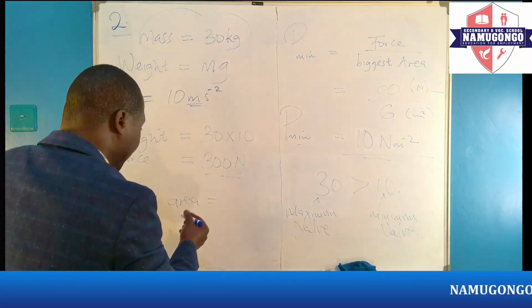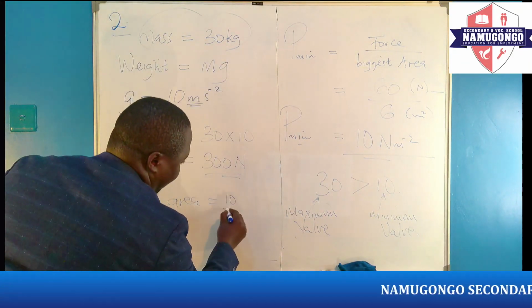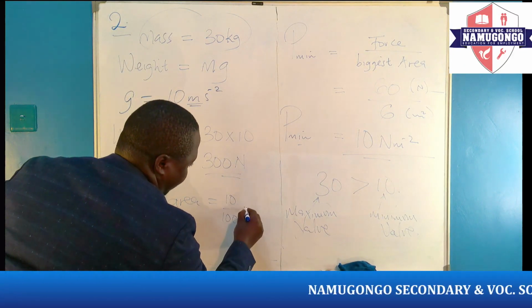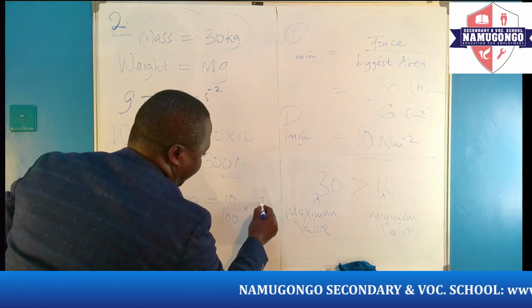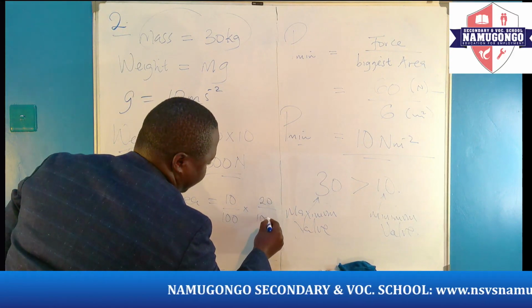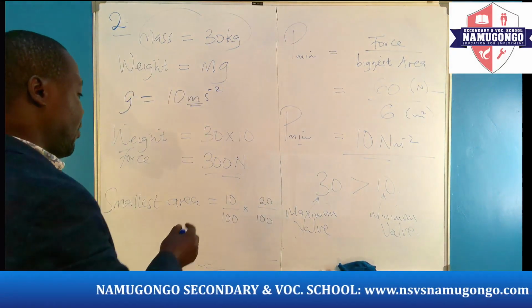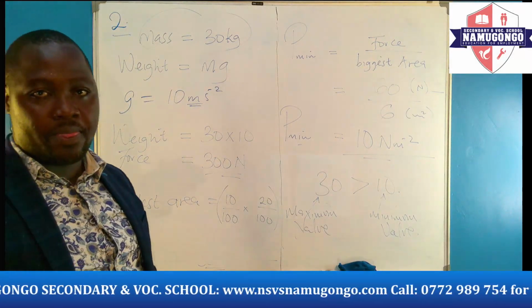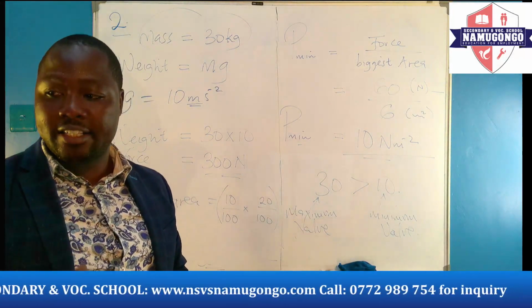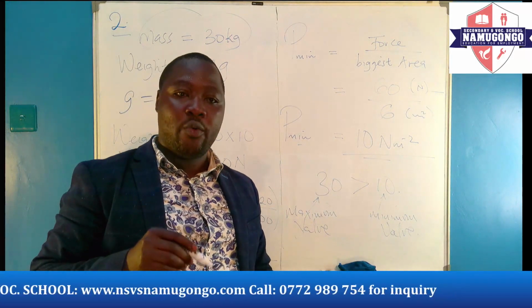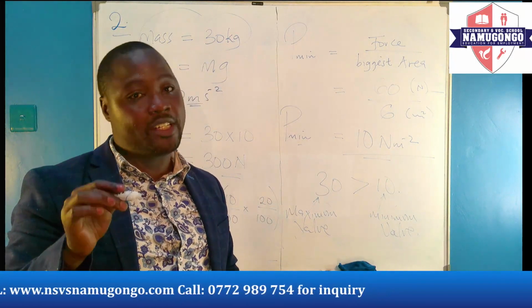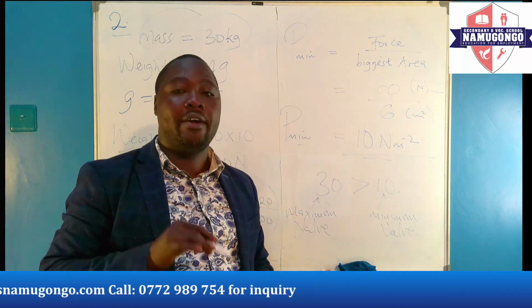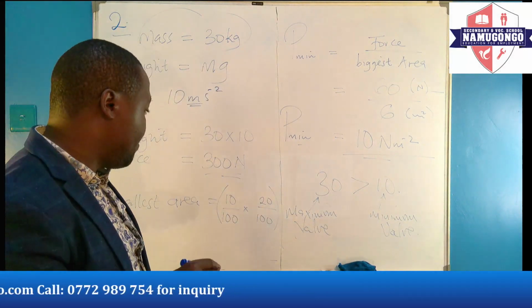So I'm going to take the smallest as 10, but I'll convert it to meters to SI unit, times 20, also converted to SI unit. Why have I divided by 100? Because these are centimeters, and we want to work in SI unit, which is the meter. Therefore, I convert by dividing by 100.